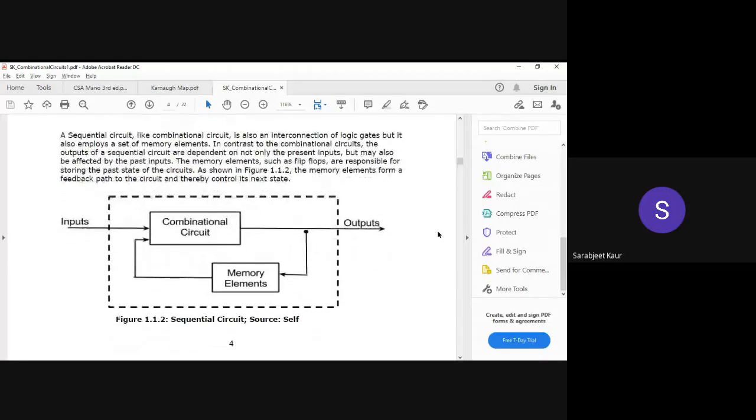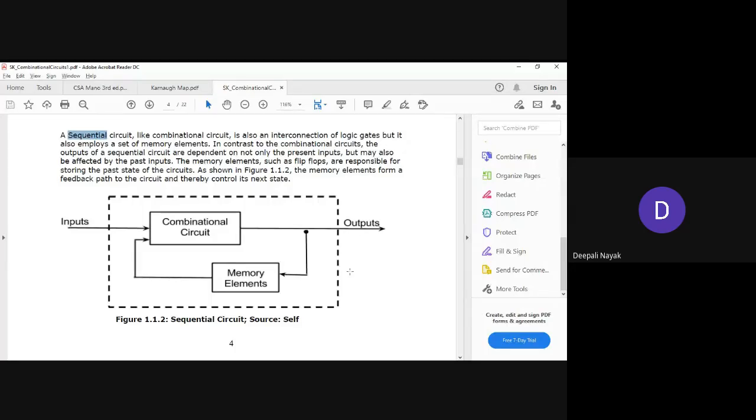A sequential circuit, like a combinational circuit, is also an interconnection of logic gates, but it also employs a set of memory elements.